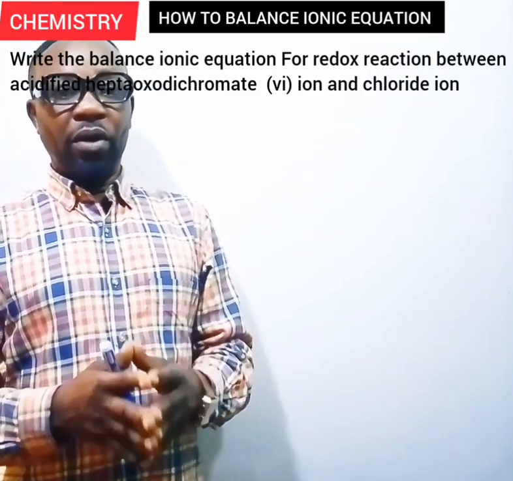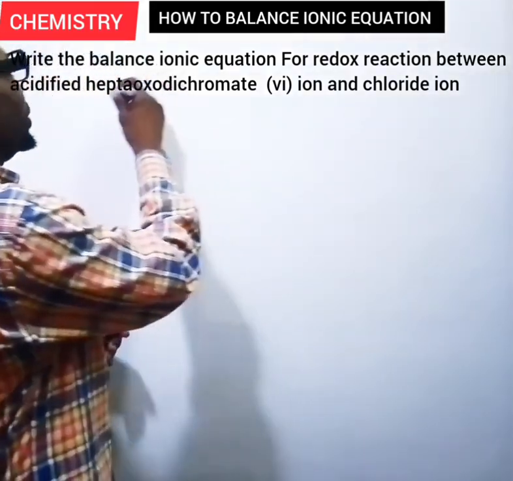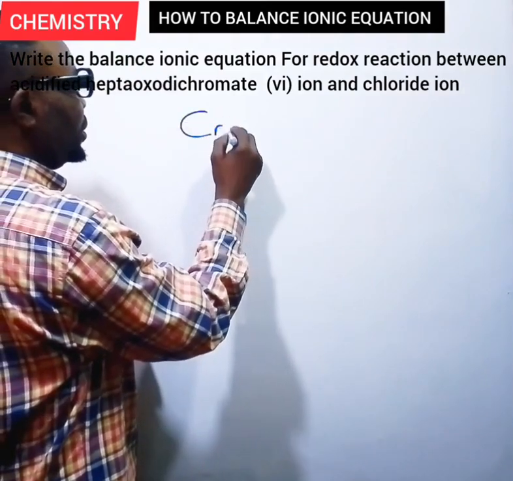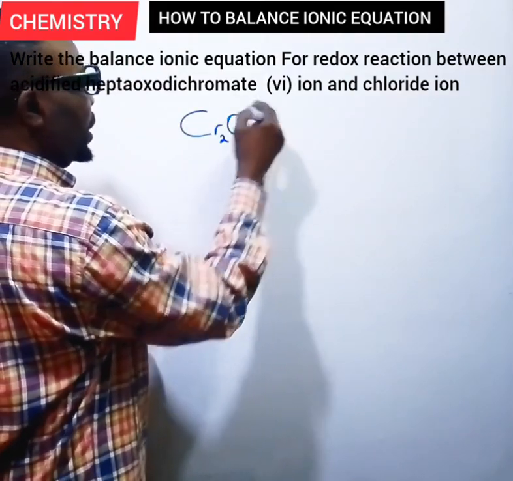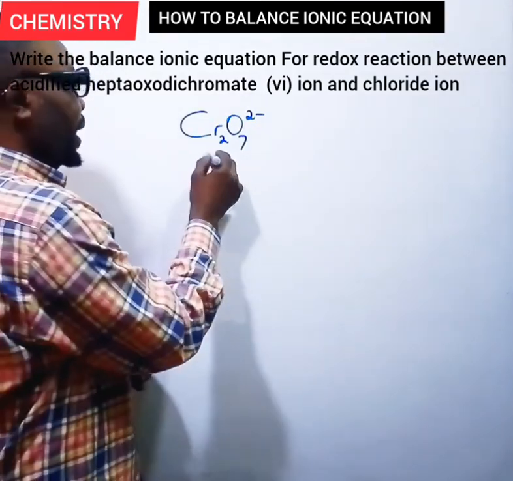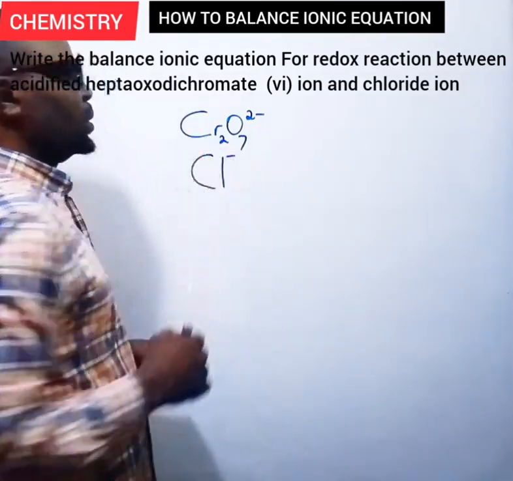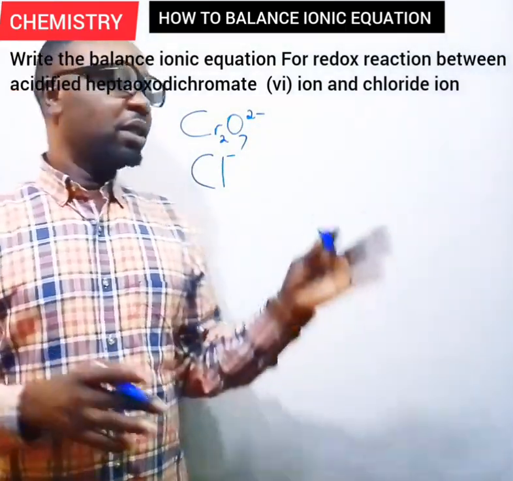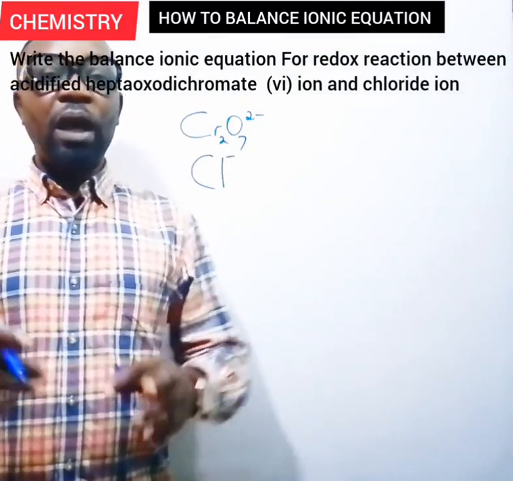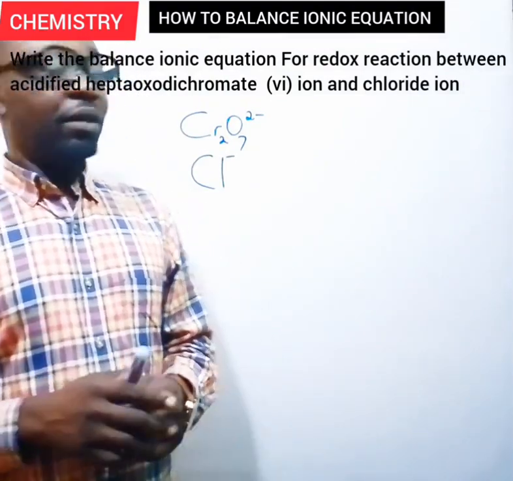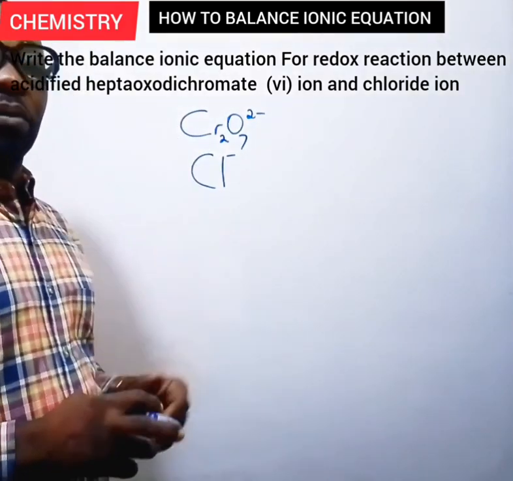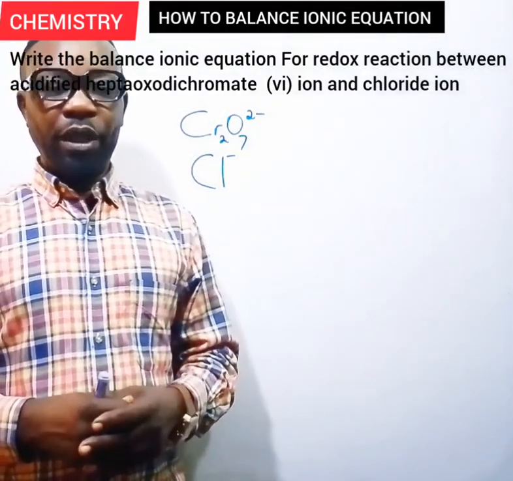Heptaoxodichromate(VI) ion will be Cr2O7 2-. It is an ion. Then the chloride ion, this is Cl minus. These are the two ions that we are asked to write the ionic equation for.